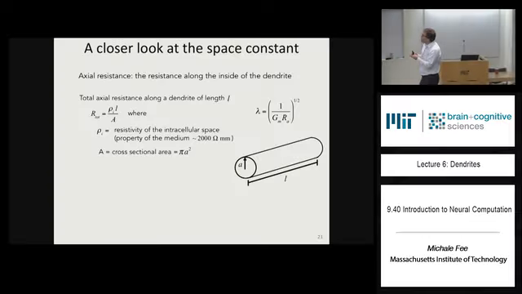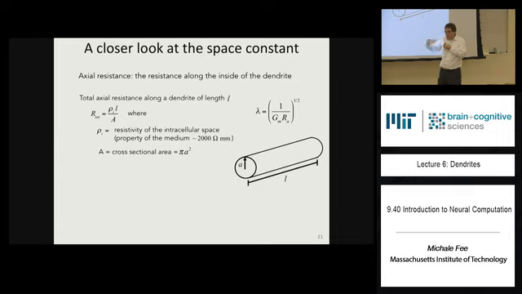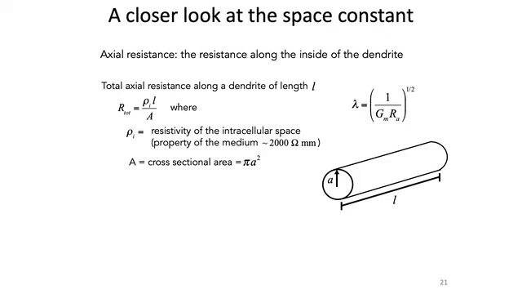For a given medium of some resistivity, the longer you have to run your current through, the bigger the resistance is going to be, and the bigger the area, the lower the resistance is going to be. So that total resistance is the resistivity times L divided by A. In intracellular space, that's around 2,000 ohm millimeters, and the cross-sectional area is just pi times a squared. And so now we can calculate the axial resistance per unit length.